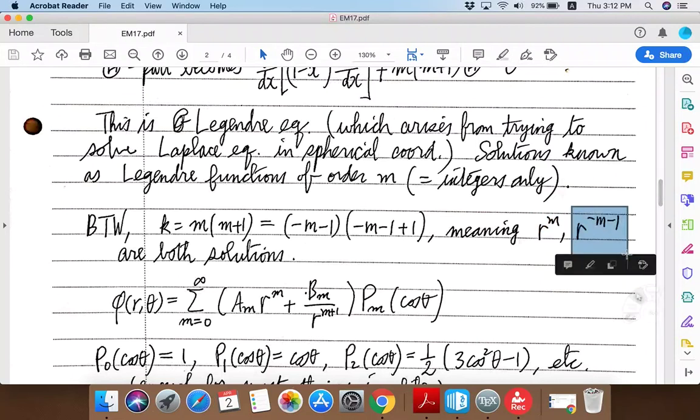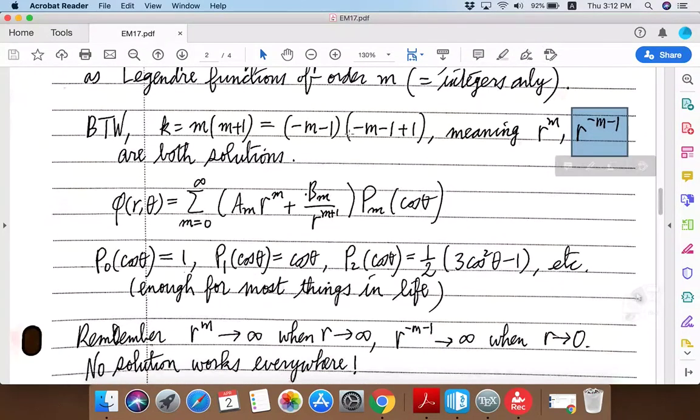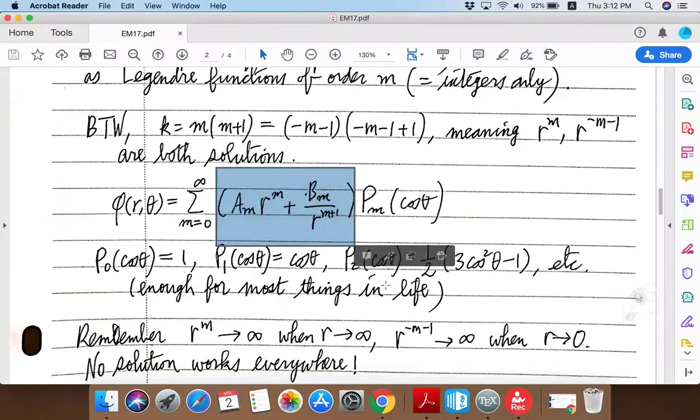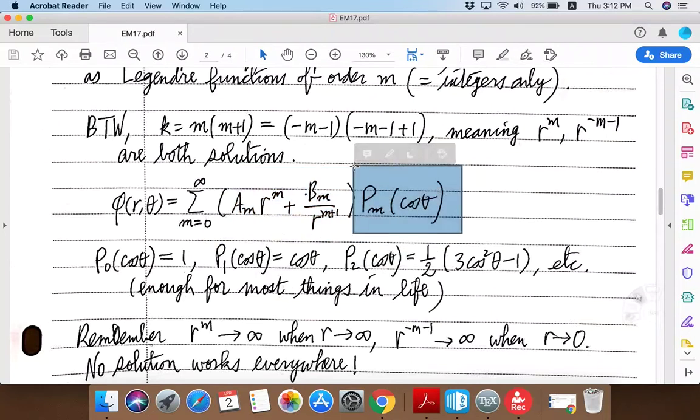So they're both solutions, and the general solution must contain both contributions as a linear combination like this. Okay, and then the angular part contains this P, which is called the Legendre polynomial.